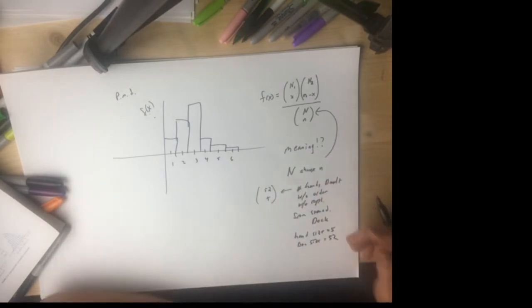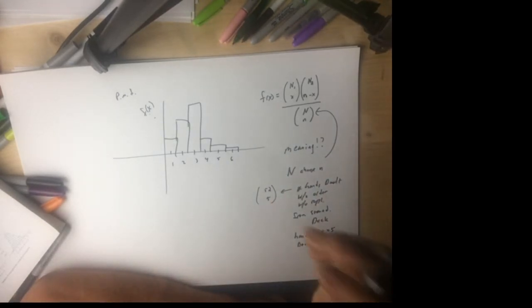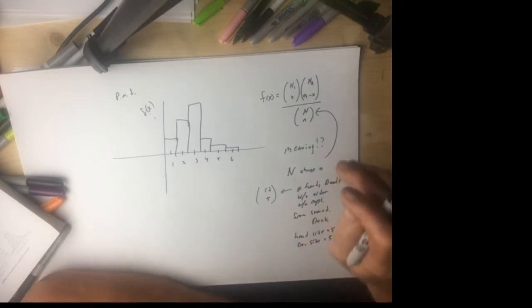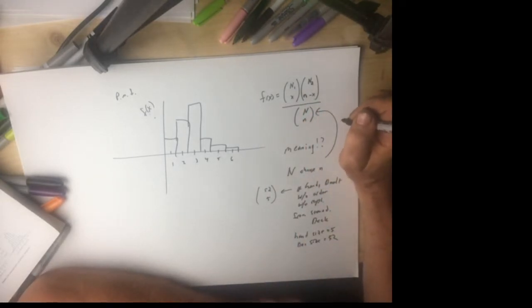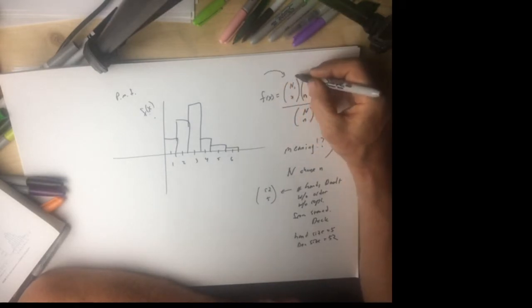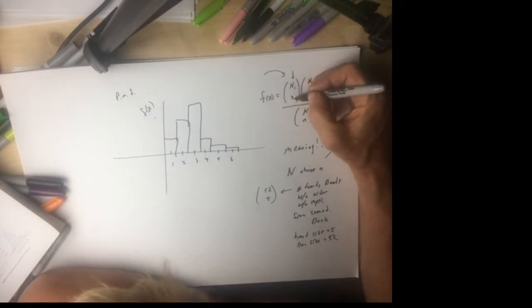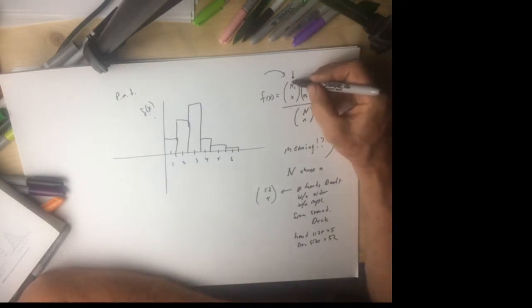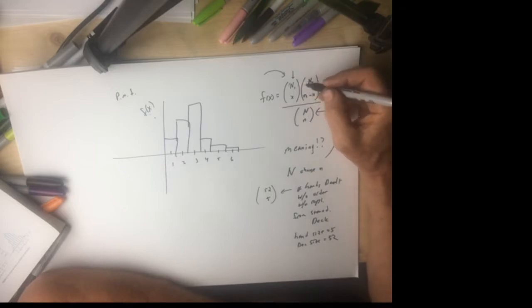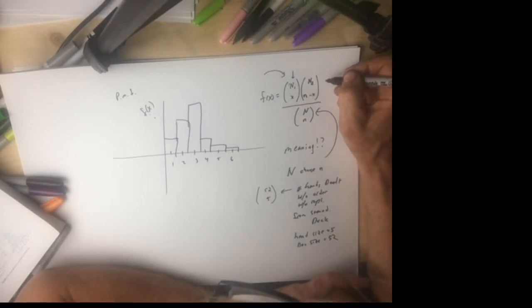Now, because little n can be changed, it is kept small, but there's something else going on here. Up here, you're looking at something and you're picking x of them. So if you remember, we tried to count how many ways can you get 3 kings? Well, if there's 4 kings in the deck and you want to choose 3 of them, then you can see that x ranges over 0, 1, 2, 3, 4.